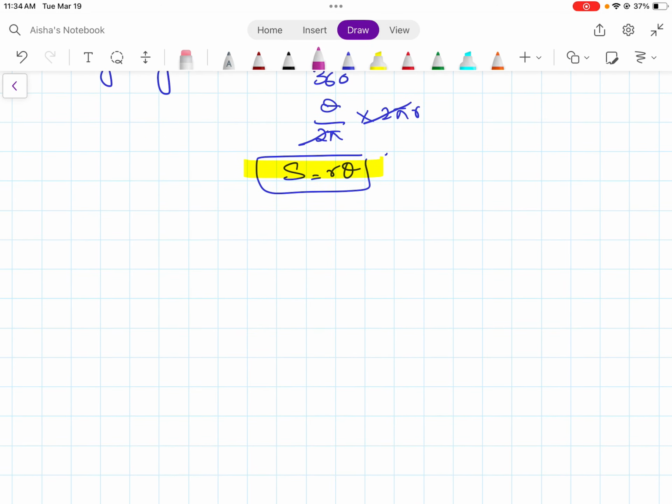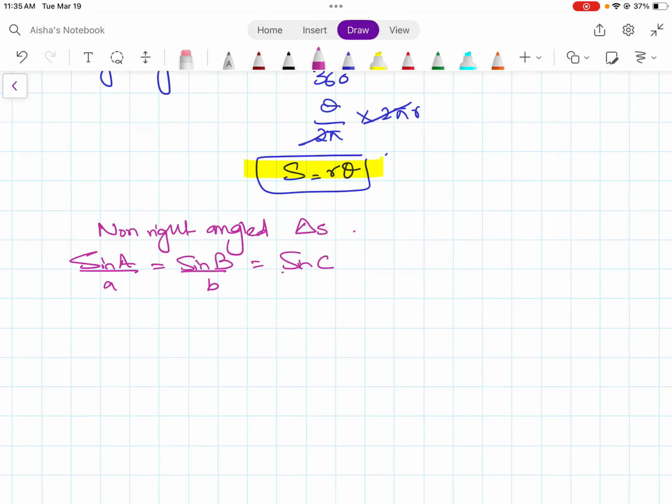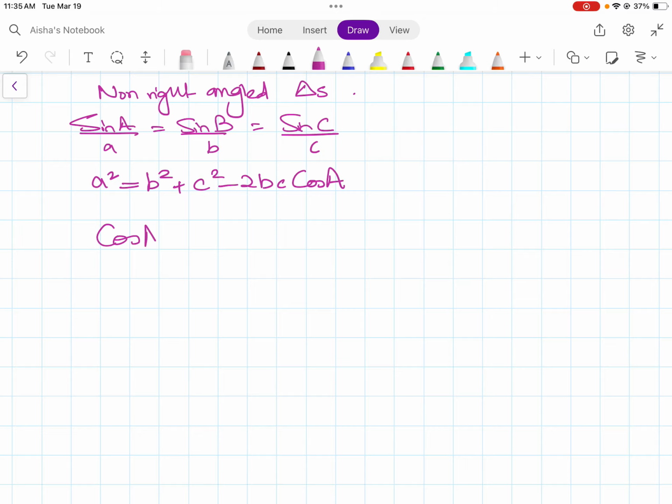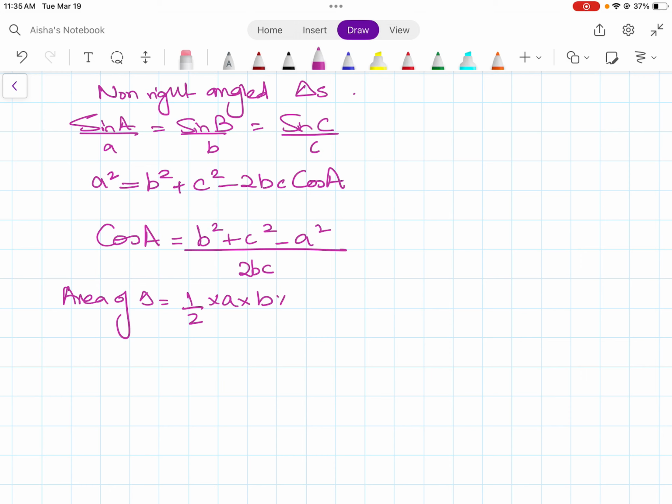Now, other formulas that you need for circular measure are, for non-right angle triangles, you can use the sine rule and the cosine rule. And the area of the triangle is half into a into b into sine C.